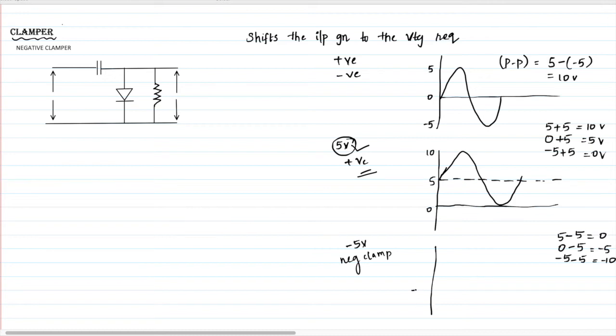So say if this is minus 5, here the signal is starting. Then positive peak is now 0. Now negative peak is minus 10.